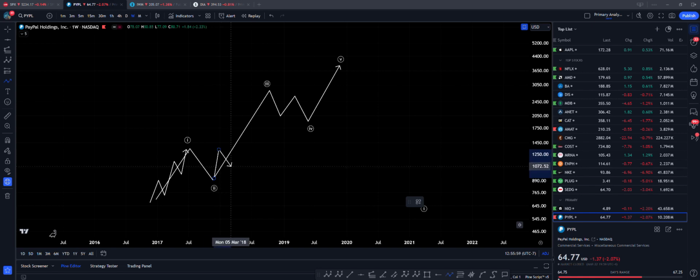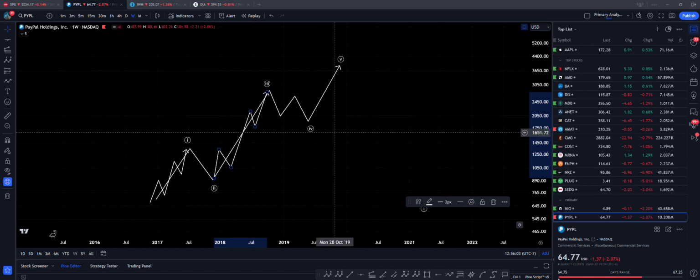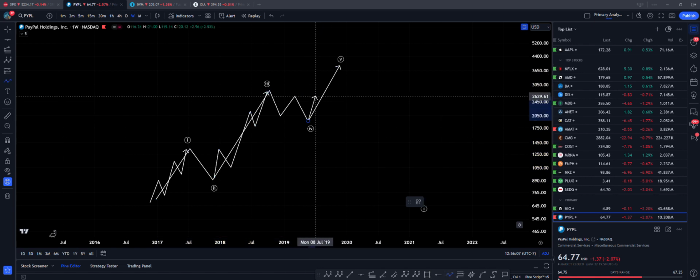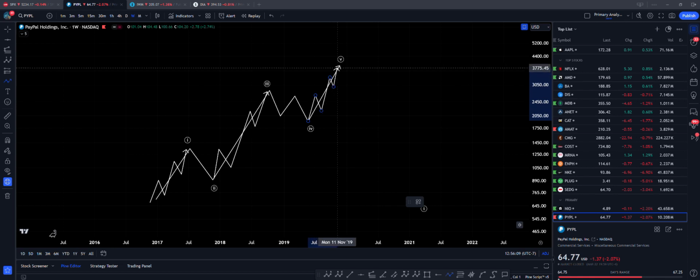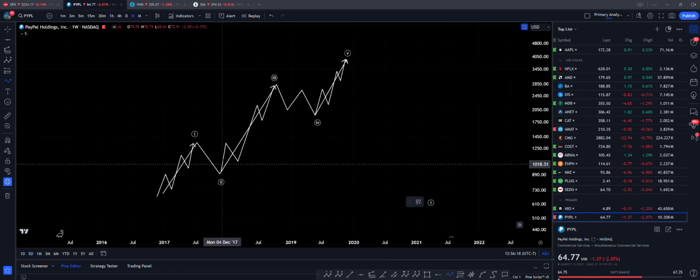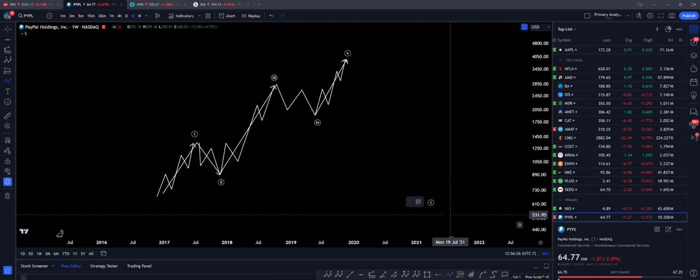Let me just draw them quickly here. Right, like this. So wave one, wave three, wave five, all have five waves in them. But wave two and wave four, they will have three waves within them. I already marked the three waves here, right?